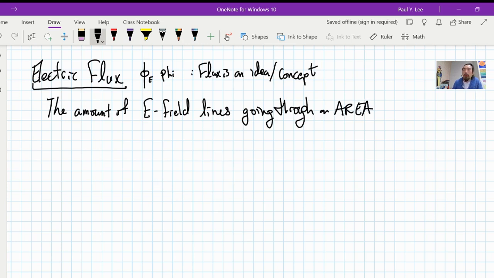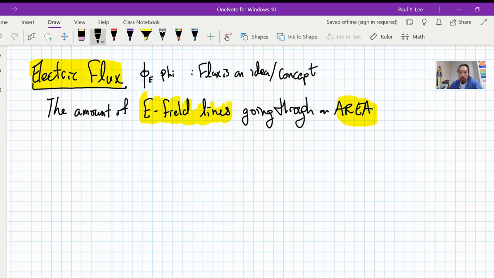So electric flux is the amount of E fields going through an area. I'm going to highlight the word area here and E field lines, and of course the word electric flux. Because the things that are highlighted not only is the definition, but it's also the formula that we will later derive.